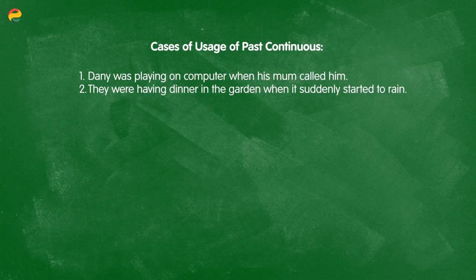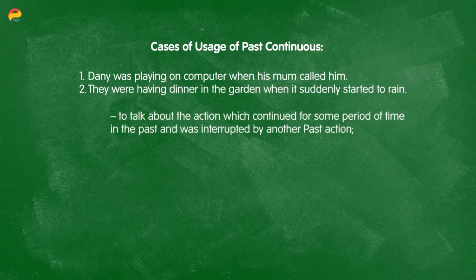Here, the second action, his mom calling him, interrupts the first action. It happens while. Now, this doesn't mean that he must stop playing on his computer. It just means that the call happened while he was on the computer.